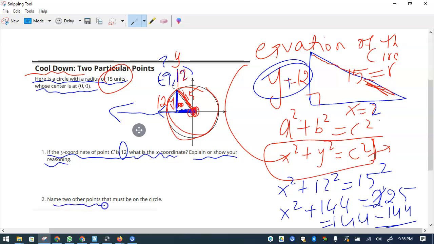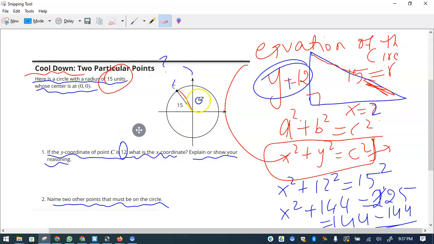So name two other points that must be on the circle. You can see they're asking one more question: what if there were another two points? We can think of going down this way. So one point is minus 9 and 12.